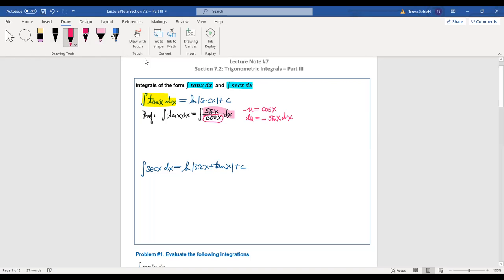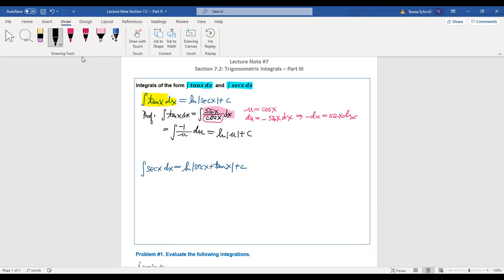And then you can just substitute. So you can say negative du equals sine x dx. Then this will become 1 over u, and the du is negative. From Calculus 1, we know this integration will be the natural log of the absolute value of u, right?